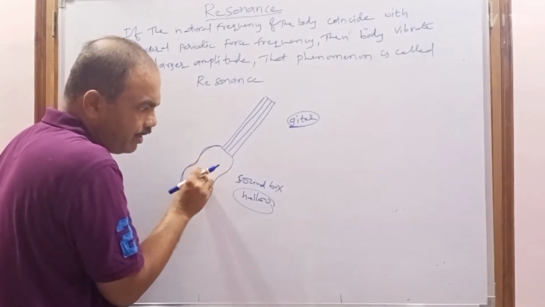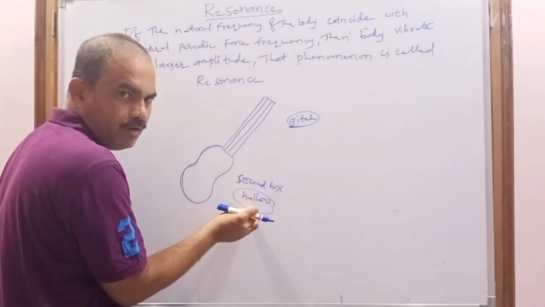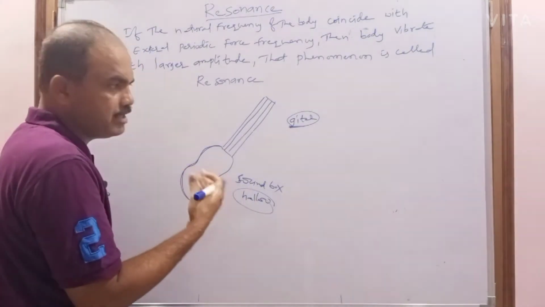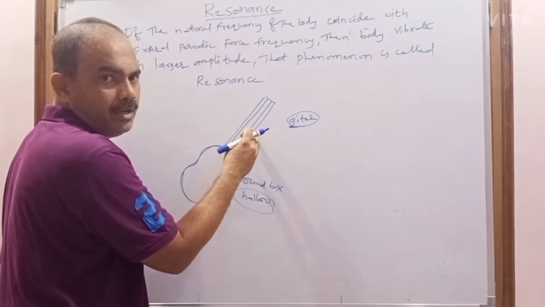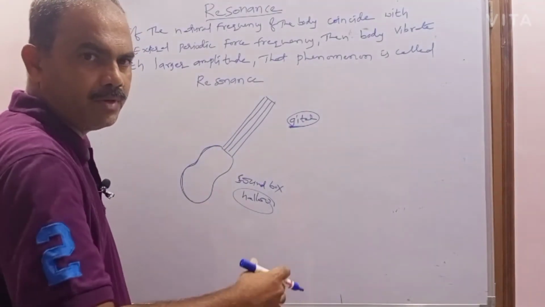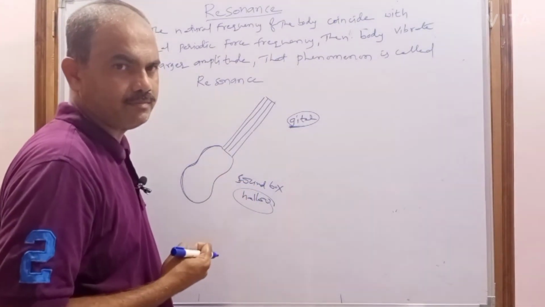Who is the vibrating body here? The sound box, which is hollow and contains air particles. That's why the air particle frequency coincides with the external periodic force frequency. Due to that, the air particles vibrate with larger amplitude, and that's why we can hear the musical sound.